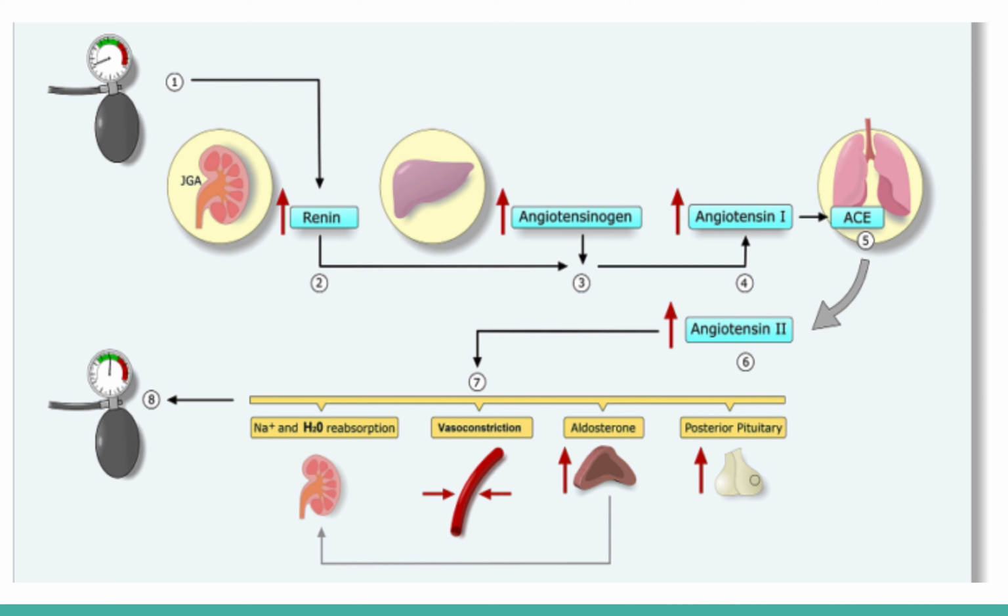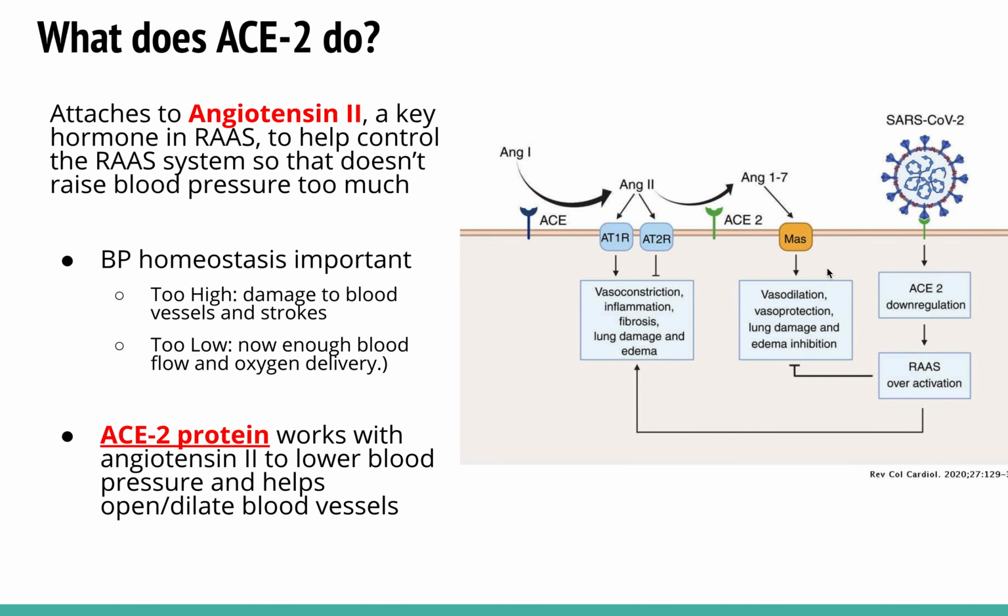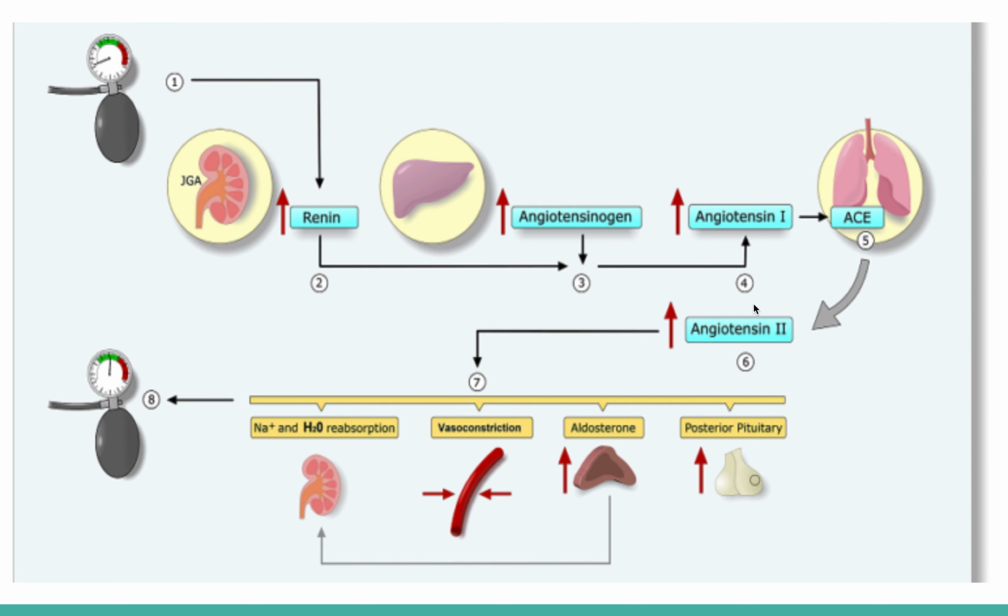All right? So that's sort of the system. It's complicated, and we could learn all the individual hormones and all the organs involved, but we're not going to do that. What I do want us to understand is where ACE2 falls into this map. If you look at this previous thing, you'll see there's angiotensinogen, angiotensin 1, and angiotensin 2.